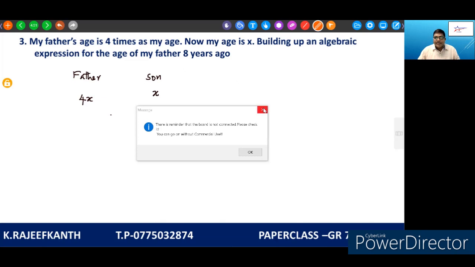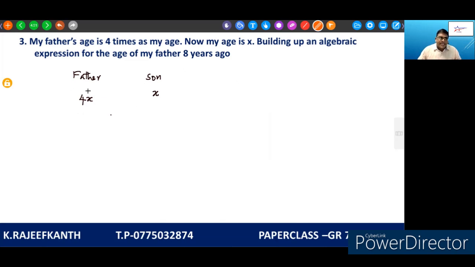The present age of father is 4x. Now we have to find the father's age 8 years before, so we have to subtract 8. Then the age of the father 8 years ago is 4x minus 8. So this is the father's age 8 years before, that is 4x minus 8.